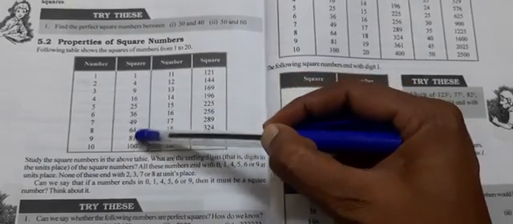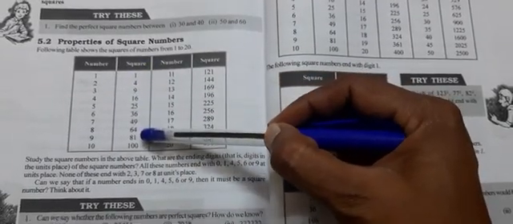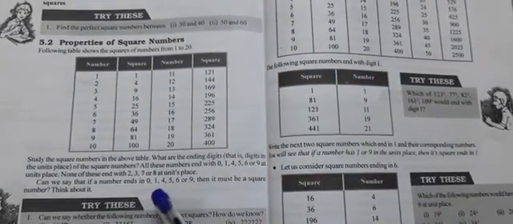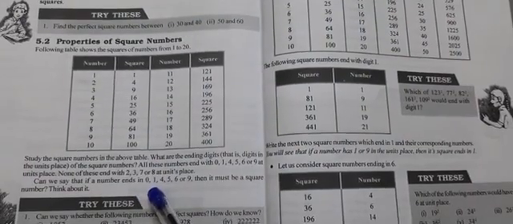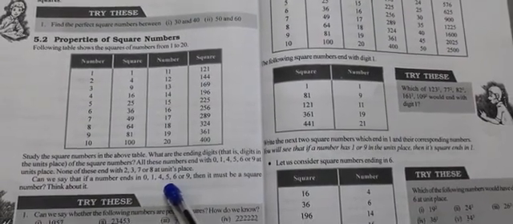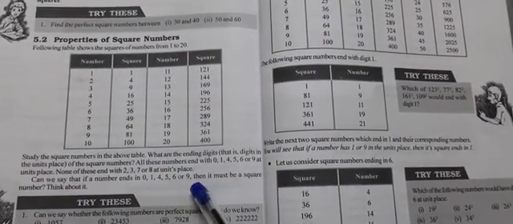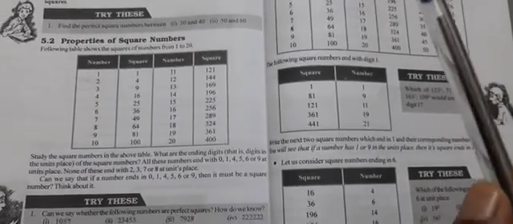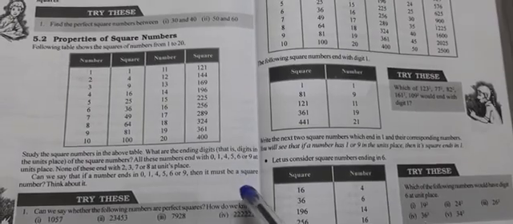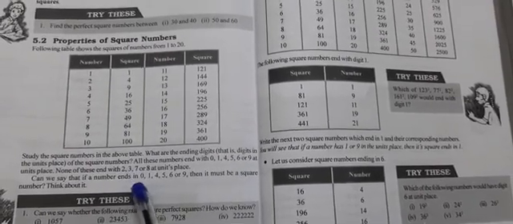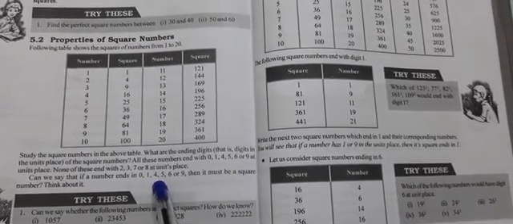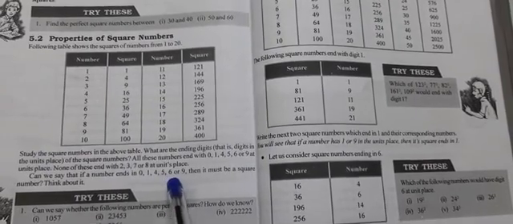So you can see here the perfect square numbers end with either 0, 1, 4, 5, 6 or 9. Okay. If it is a perfect square, then those numbers will end with 0, 1, 4, 5, 6 or 9.